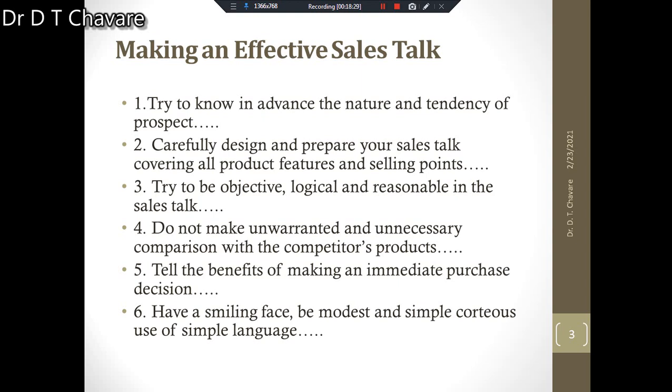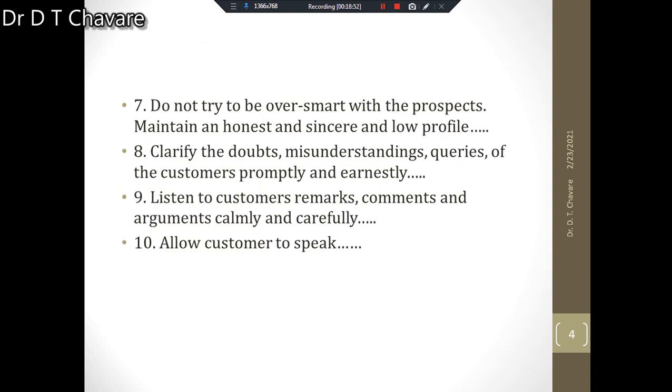Be modest, simple and courteous, and use simple language. Don't use jargon. Don't use technical words. Don't use lengthy descriptions. Don't try to be oversmart with the prospect. Maintain an honest, sincere and low profile.